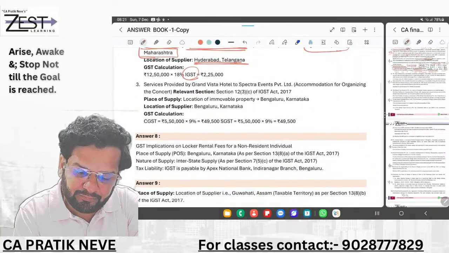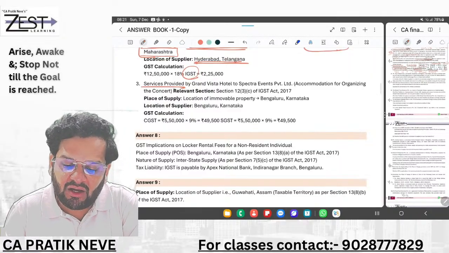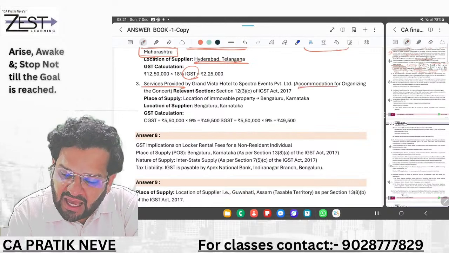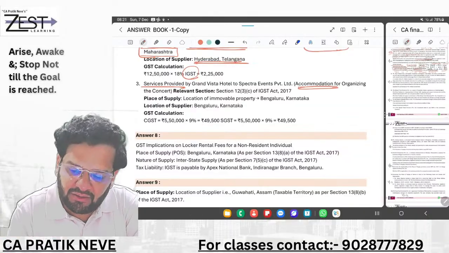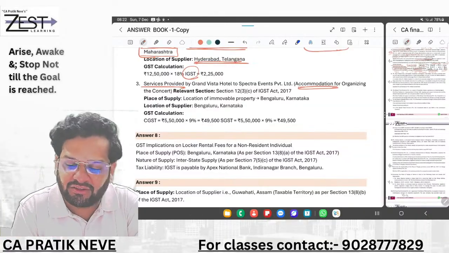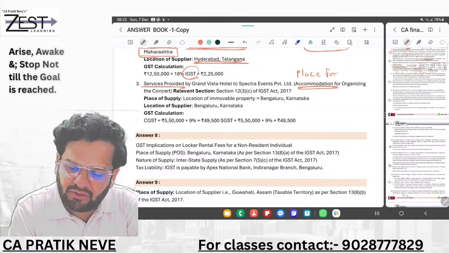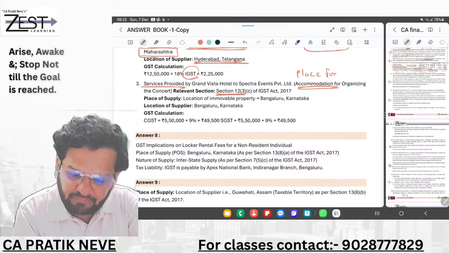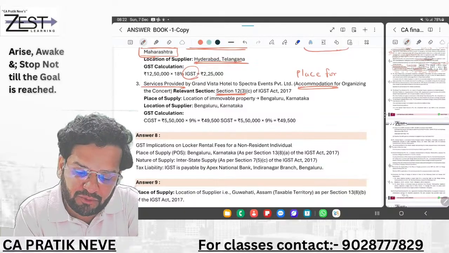And lastly, services provided by Grand Vista Hotel to Spectra Events Private Limited, which is accommodation, means it's a place given for organizing the concert. Instead of accommodation, you can also say place given for organizing the concert. So place of supply will be as per 12(3), services in relation to an immovable property.